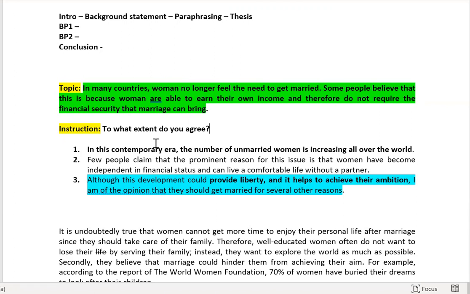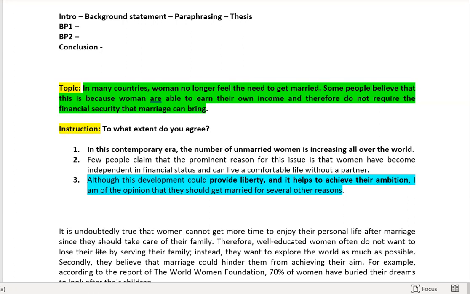The question is something else, and this answer says that they should get married for several other reasons. But it is not about whether they should get married or not. The question is: women do not get married nowadays because they are more independent, they have more income and they are financially strong. Do you agree or disagree?